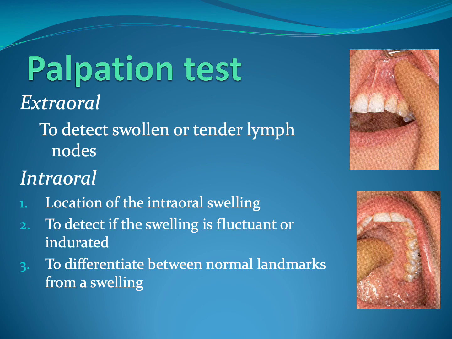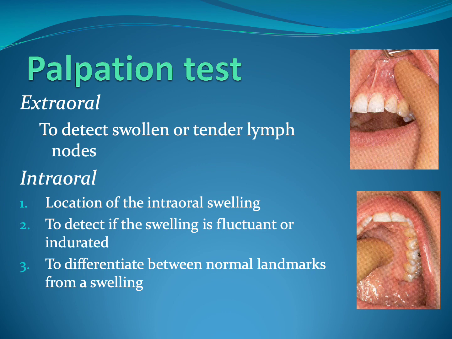Palpation test. It's very important in the palpation test, extraoral, to detect if there is any tenderness or swelling in the lymph nodes. Intraoral, location of the intraoral swelling, and the patient also on the palpation feels pain in this area. Maybe he comes to you and says, I have pain in this area, when you palpate on the painful part.